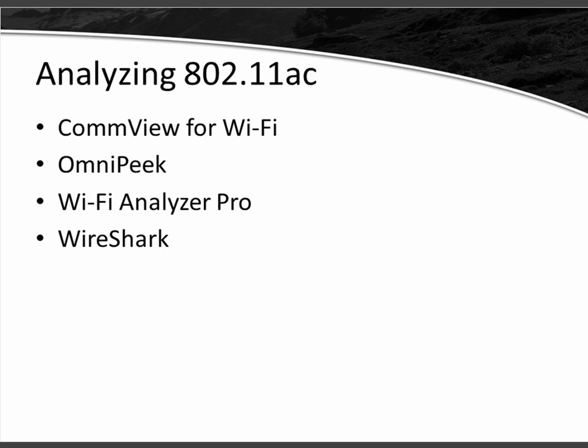And when you need to capture from the client side, you want to see what frames look like where the client is. Again, you have the option of only having 2x2 capture with ComView for Wi-Fi and a USB adapter, getting an Express Card laptop so you can use Wi-Fi Analyzer Pro with their Express Card adapter, or you can take your Cisco WAP371 with you and your PoE switch, get a little mini PoE switch you can carry with you, and go to the location, plug it in, and do your capture.